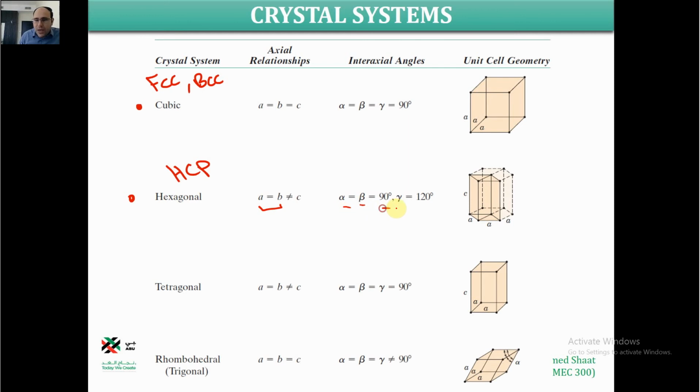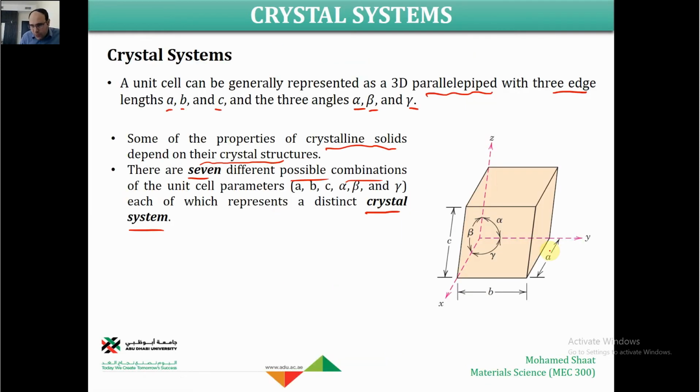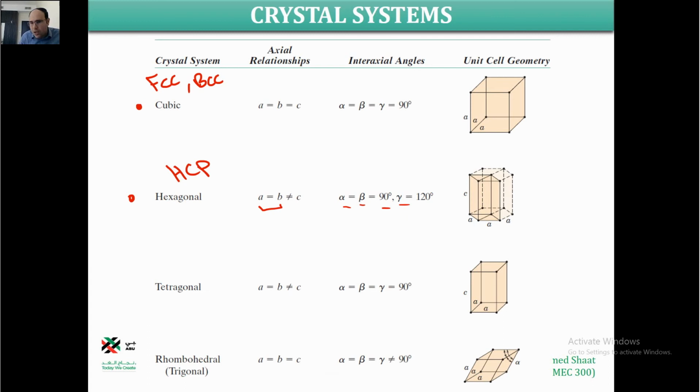For alpha and beta, the angles are equal to 90 degrees, but the gamma angle is 120 degrees. What is gamma? This is the angle between X and Y in the base, referring to this reference. This is the standard. So gamma is the angle between the X-axis and Y-axis in this hexagonal crystal structure.